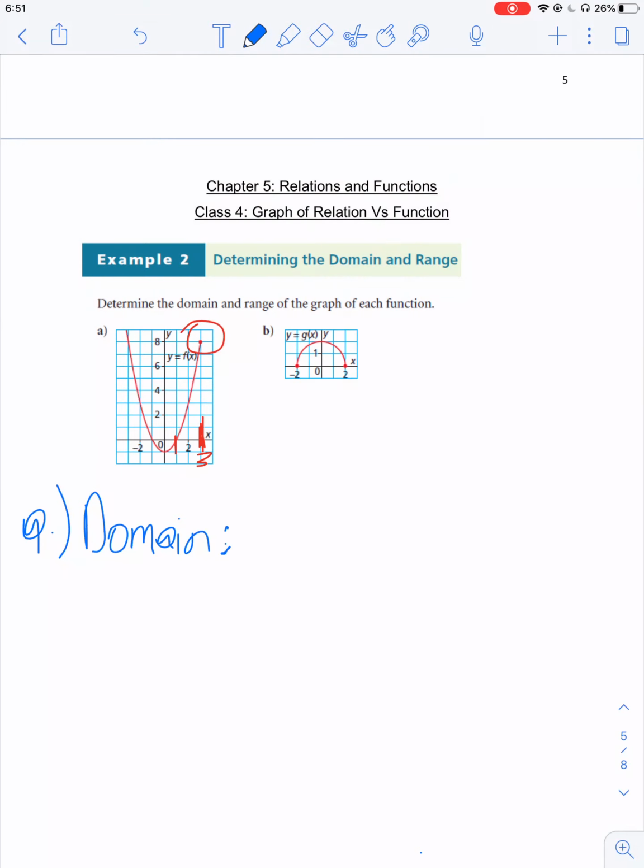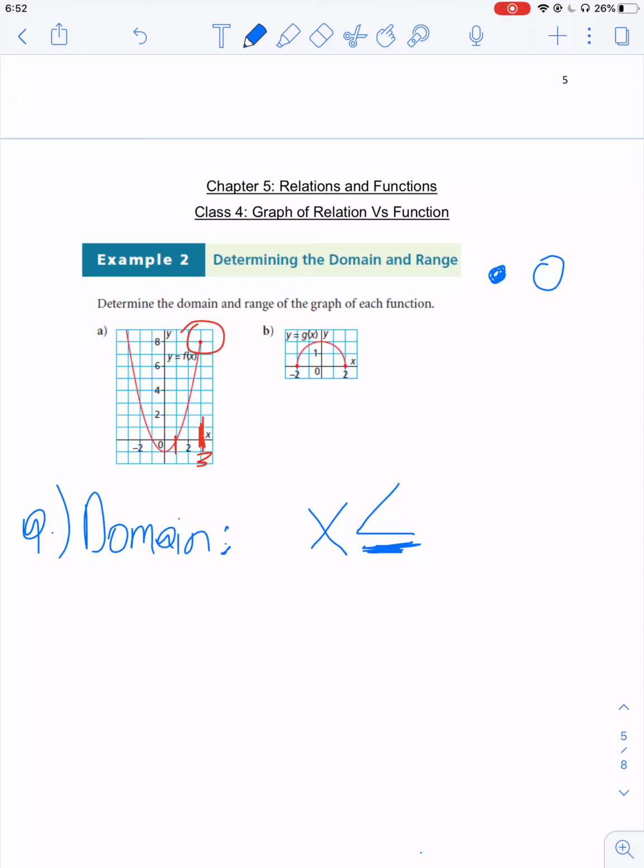So my domain will always be expressed in terms of x. So x has to be less than or equal to 3. I'm gonna put the equal sign because this dot is colored. So what do I mean by colored dot? If your dot is colored like this, that means you have to put an equal sign. But if it's open, then you don't put the equal sign underneath.